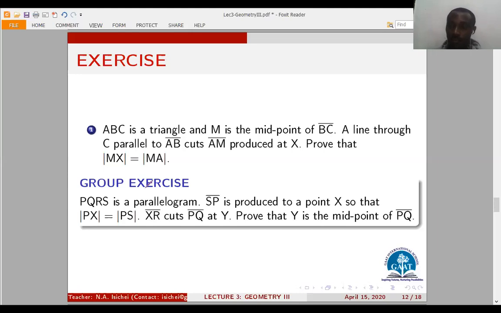Like I said again, I'm going to schedule a Zoom meeting where you will explain the solutions. You'll be given a maximum of 2 minutes, let's say 3 minutes, to explain your solutions. Please get prepared and get set for this group exercise.